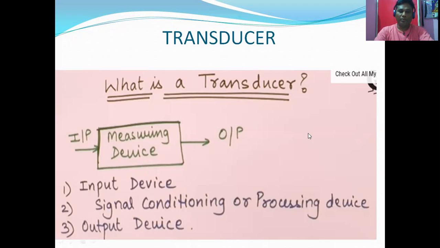So let us consider this diagram. In the transistor, consider three components. The first one is the input, the second one is the measuring device, the third one is the output. The second part, the measuring device, is the signal conditioning or processing device.